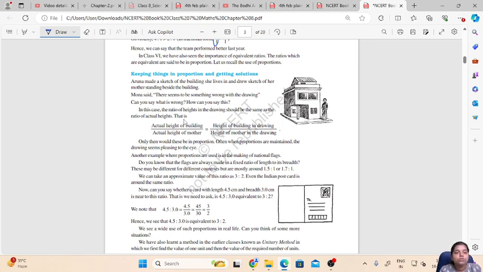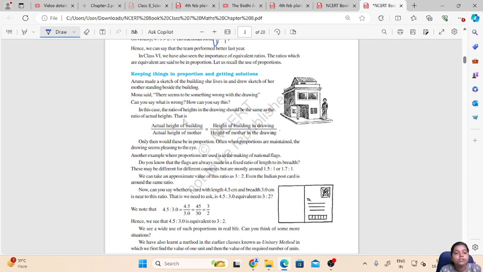Can you guess what is wrong in this drawing? In this case, the ratio of the heights in the drawing should be the same. The ratio should be the same, for example, the actual height.